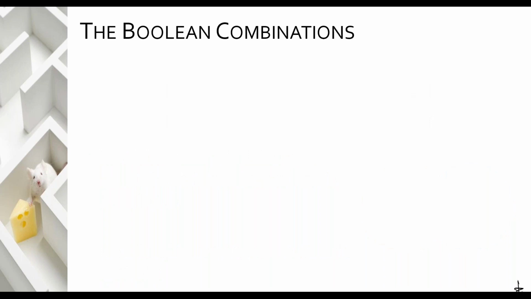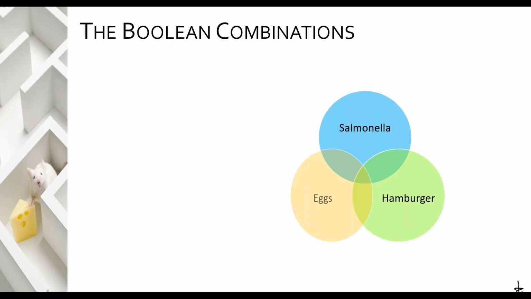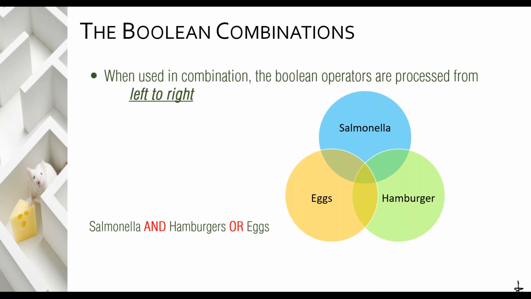Now, you can have combinations, obviously. Okay, so for example, if I have salmonella, eggs, and hamburgers, and I ask the question, basically, I want salmonella and hamburgers or eggs. So it goes from the left to the right. Okay, so salmonella and hamburgers is this part of the Venn diagram.